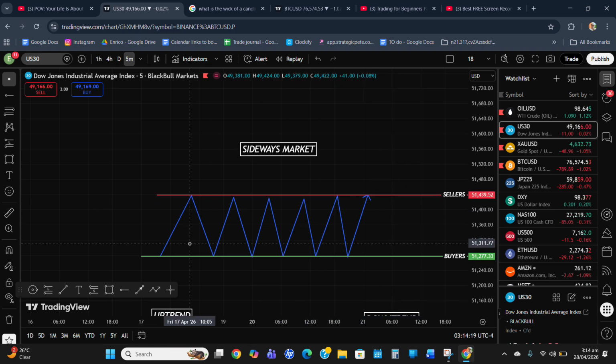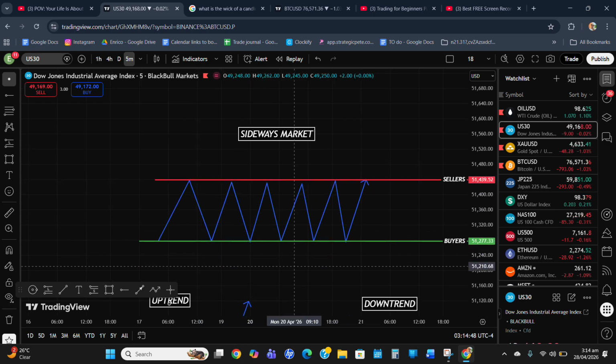We will go up, we will start buying up, and then we reach a point where sellers are in control. Sellers would push us back down. We will reach a zone where buyers are in control. Buyers would push us back up. Reach the zone where sellers are back in control. Sellers will push us back down, and the cycle continues. It's kind of like a tug of war. You know, tug of war.